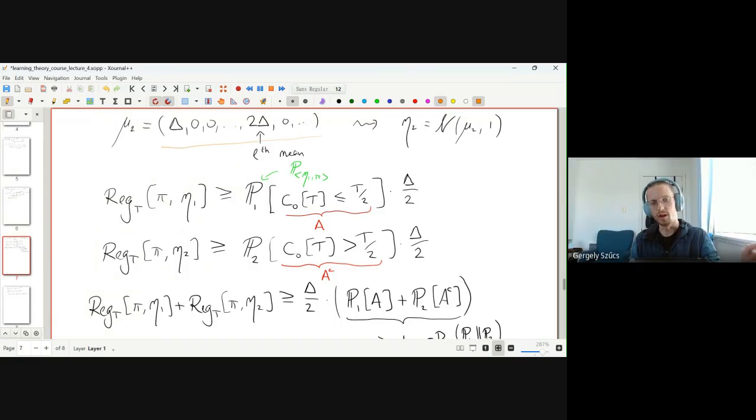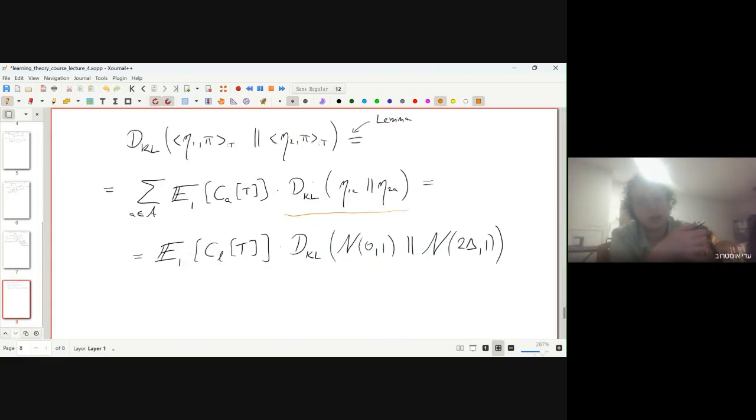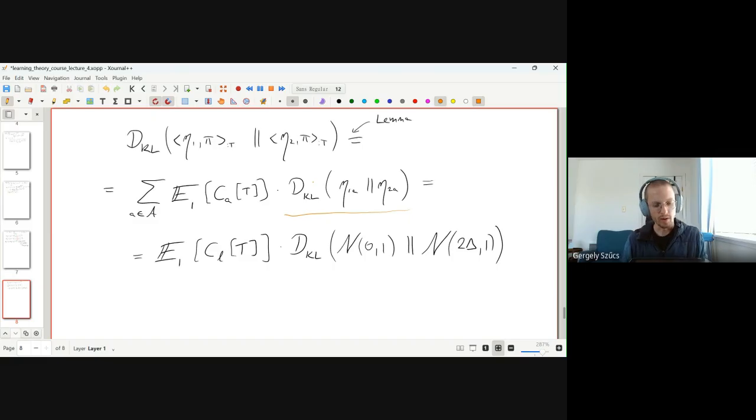So the distribution for each arm is the same except at the Lth place, which means that don't we also need to add the entropy of each of all the normal around zeros, like the divergence of a distribution with itself, if I remember correctly, it's the entropy, right? I think for the KL divergence, that should be 0. So maybe that's one way to say it: the KL divergence of a distribution with itself is 0.